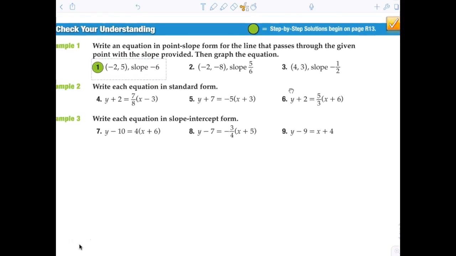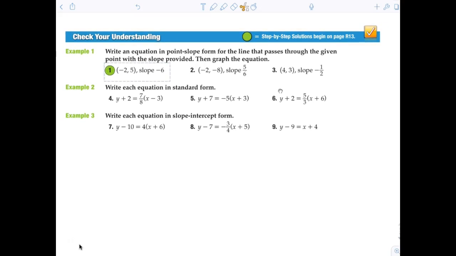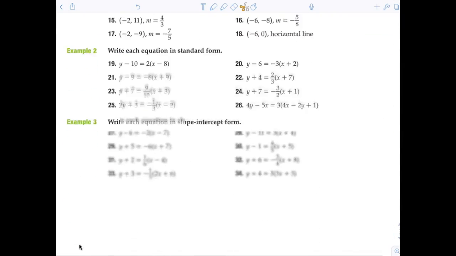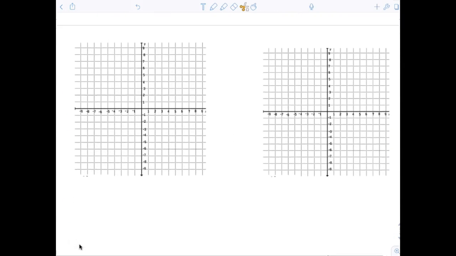Now, let's read the directions. The directions say write the equation in point-slope form, which is what we did yesterday. But we're also going to graph the equation. So what I need you to do now is, I put lots of graph paper at the bottom. So here we go.